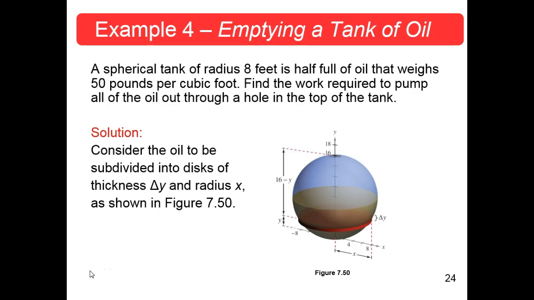Now, let's catch up where we are so far. Consider the oil to be subdivided into disks of thickness delta y of radius x, shown here. So the next task is to define that x in terms of y.